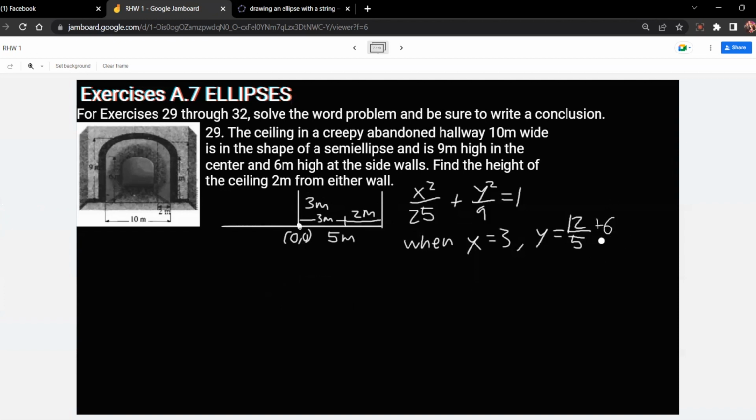Y is equal to 12 over 5. Ngayon, since ang kailangan mo ay yung height from the floor, kailangan mo mag-add ng 6. So that's going to come out as 8.4 or 8 and 2/5 meters.